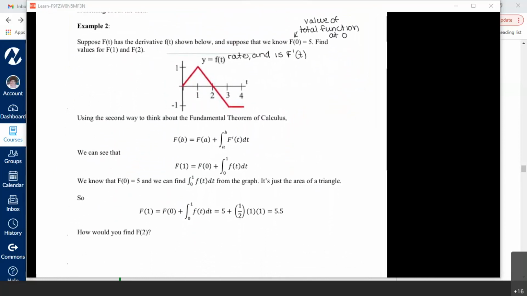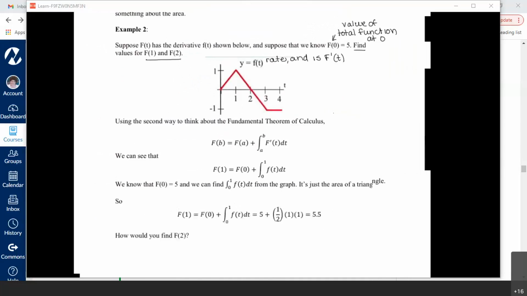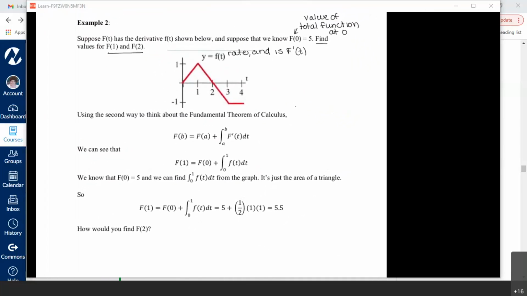Now they're going to use this additional way of looking at the fundamental theorem. Suppose you want to find the values for f of 1 and f of 2. So again, they're trying to find the values of the total function given just what we know about the rate function.